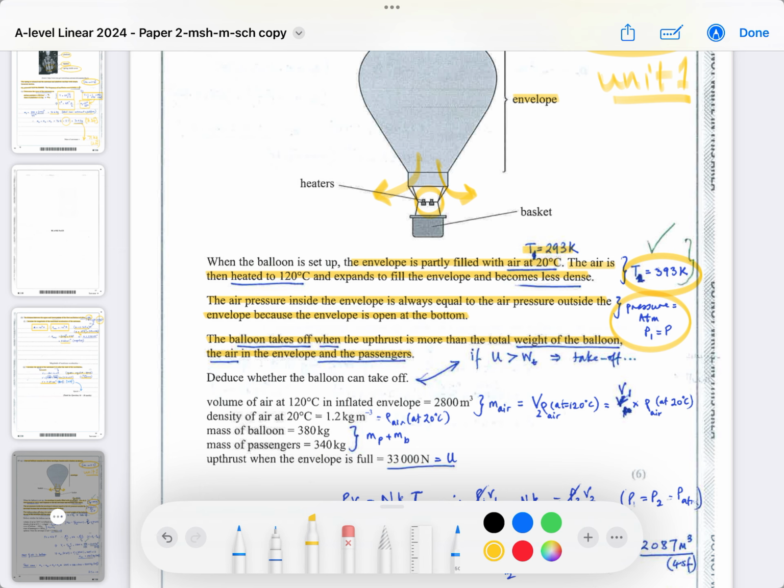So if upthrust is greater than W, you'll get takeoff. That's the condition. So our job is to deduce whether the balloon can take off.